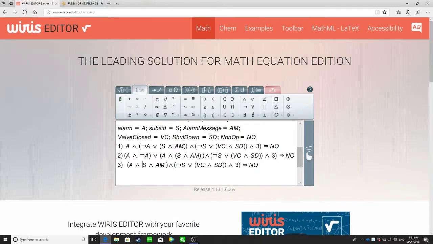So it becomes something like this and 3. But here we cannot remove this bracket because this is or and this is and. We need to use the distribution rule to do that, so it becomes things like this. Fair enough.